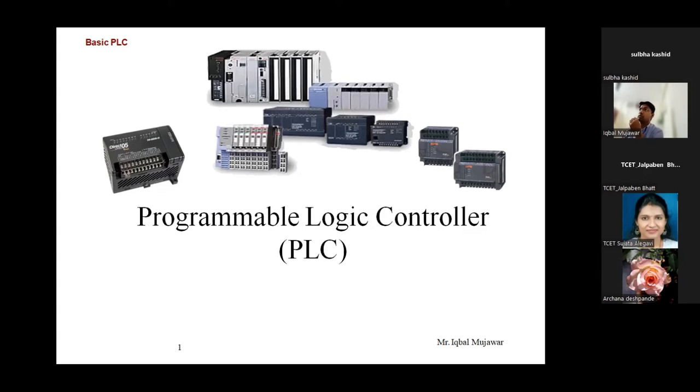For all those things, we require a controller. Various controllers are there in the market which we can use. But as far as industry is concerned, mechanical industry or any process industry, one specially made controller is there, that is called PLC, which we can use, and that we are going to learn in detail through this session. This is a 1.5 hour session.